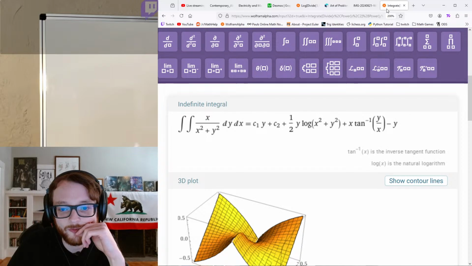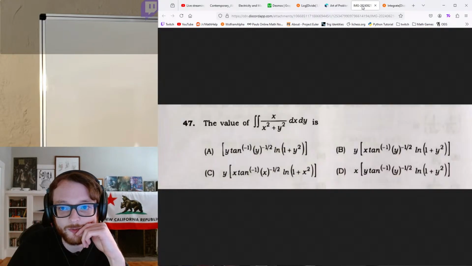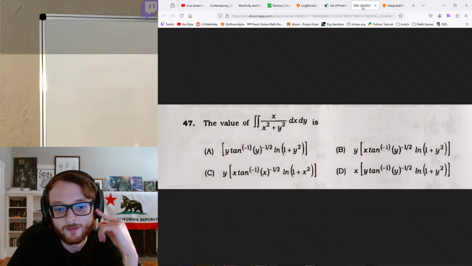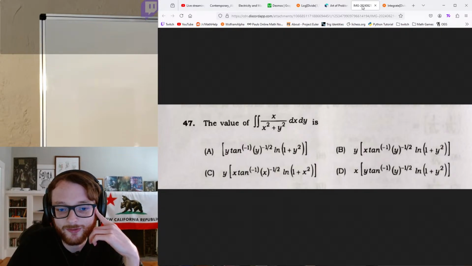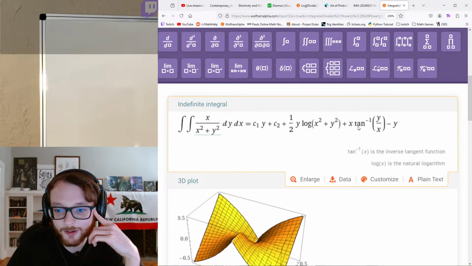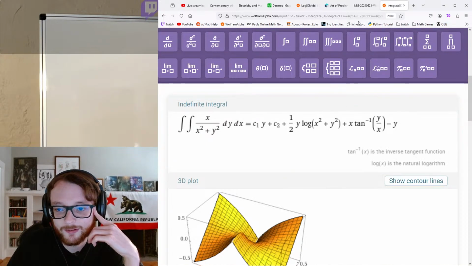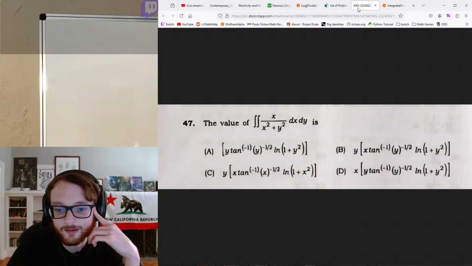The next issue is seeing whether Wolfram's answer actually matches any of these. I don't think it does. What? We have an arctan y over x here. Unless there's some weird identities happening, there's no arctan y over x in any of these.